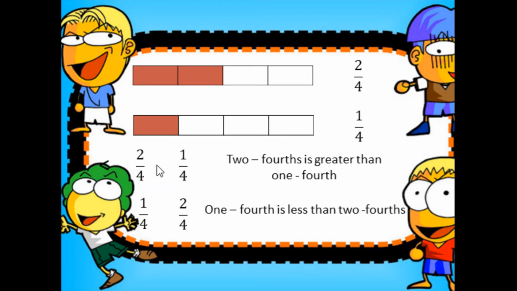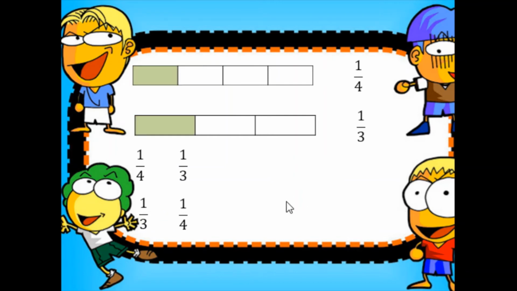So we're going to use the symbols for this one, greater than and less than. But if our denominators are not the same, or if we have unlike fractions, it's quite difficult. Why? Okay, because good thing if there is a picture, but if there's no picture, it's hard.